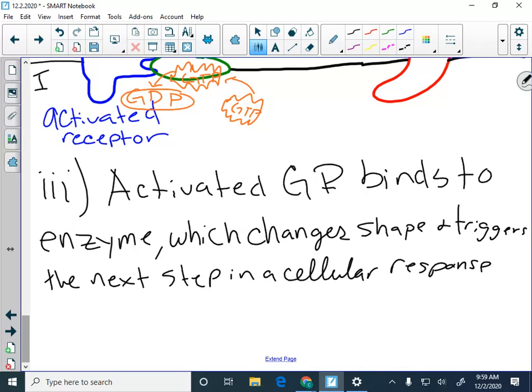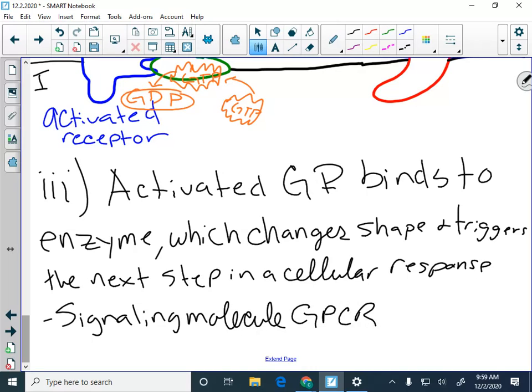Our signaling molecule binding to our G protein coupled receptor, so our blue one, is reversible. So our yellow signaling molecule will just leave. Once it's done its job, it'll dissociate.